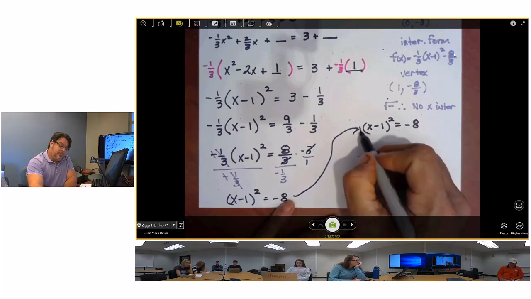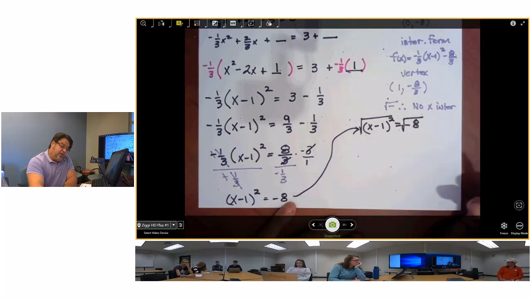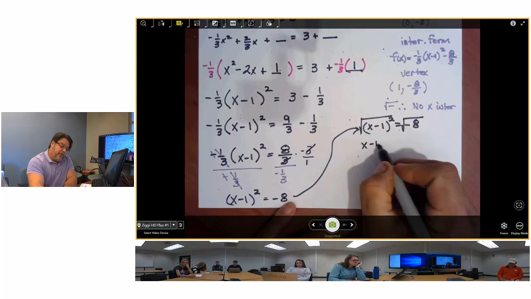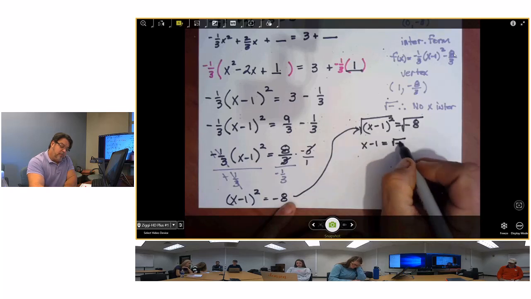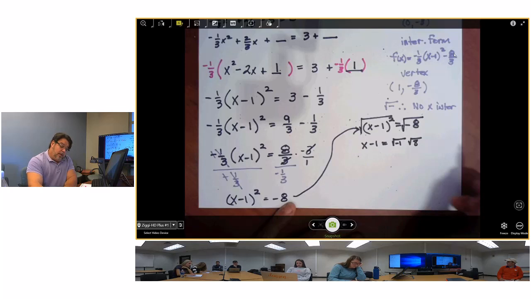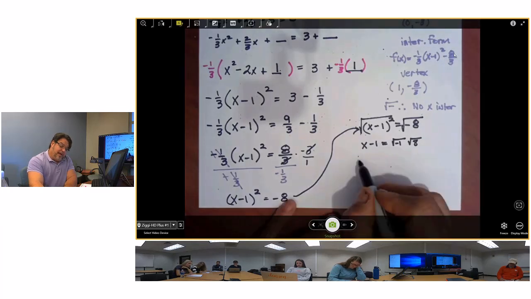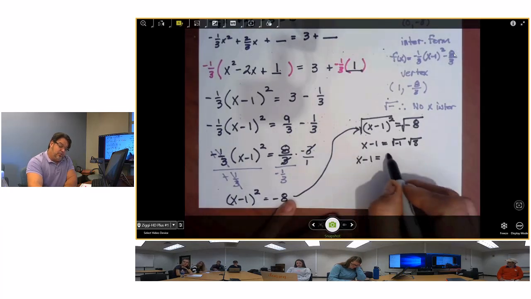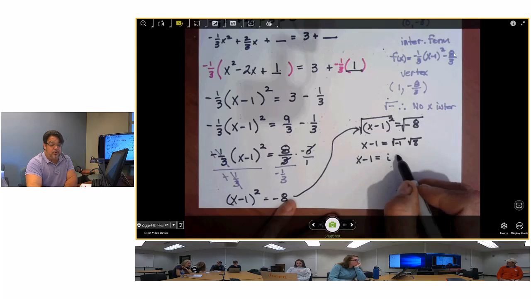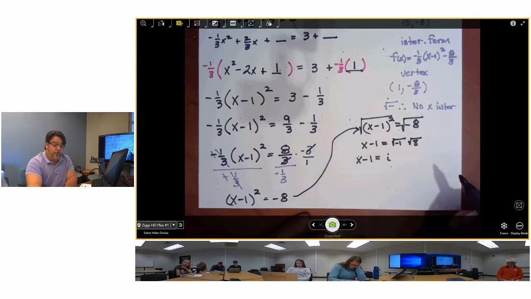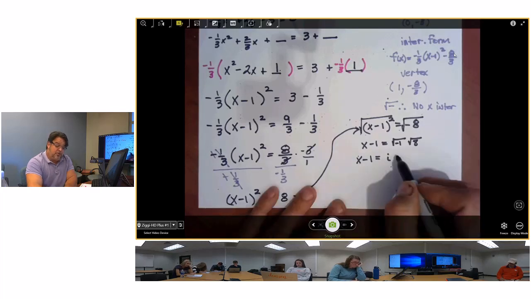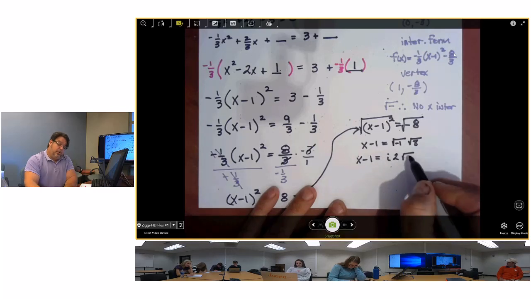Take the square root of both sides. X minus 1 is equal to the square root of -1 times the square root of 8. X minus 1 is equal to i times 2. Let's see, 2 times square root of 4. Square root of 2 times square root of 4 would be 2 times square root of 2.